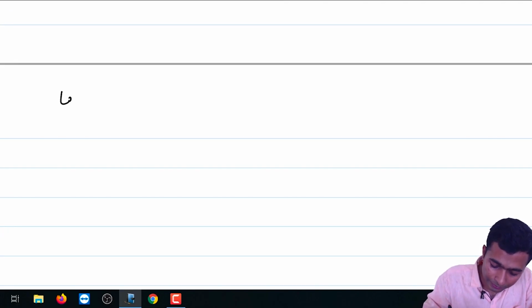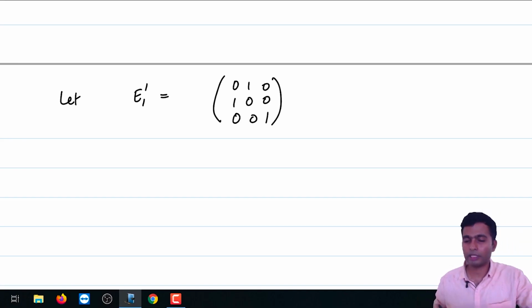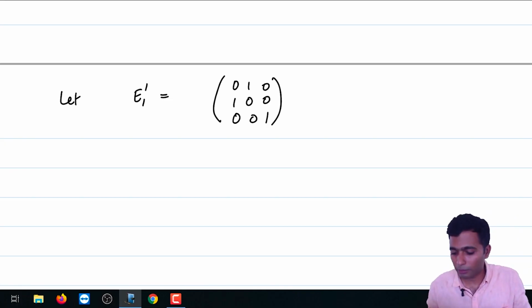So let E1 prime be equal to 0, 1, 0, 1, 0, 0, 0, 0, 1. This is precisely the matrix you need to multiply to exchange the first and the second row.